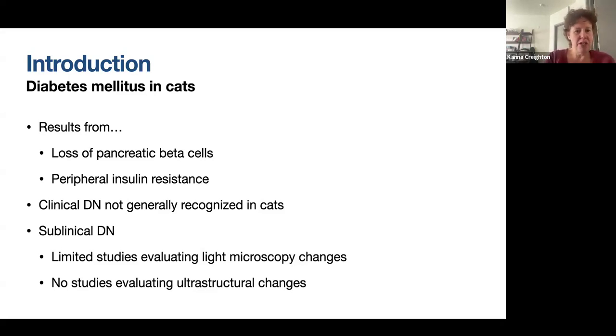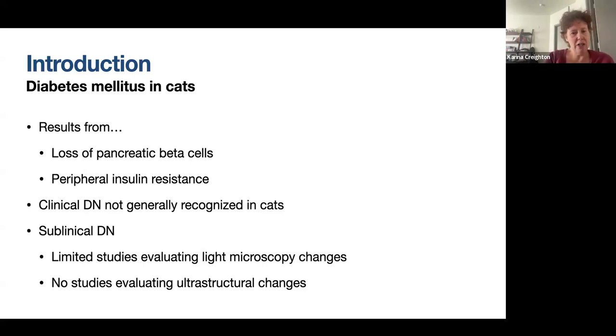Clinical diabetic nephropathy has not generally been recognized in cats, although there are some limited reports. For example, there was one paper, I believe Dr. Langston was a co-author, which at least reported both microalbuminuria and proteinuria in diabetic cats. And certainly for subclinical diabetic nephropathy, there are very, very limited studies.